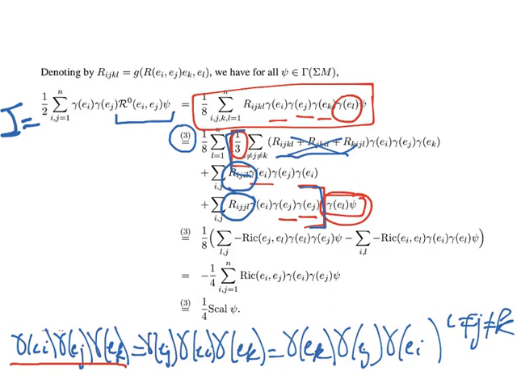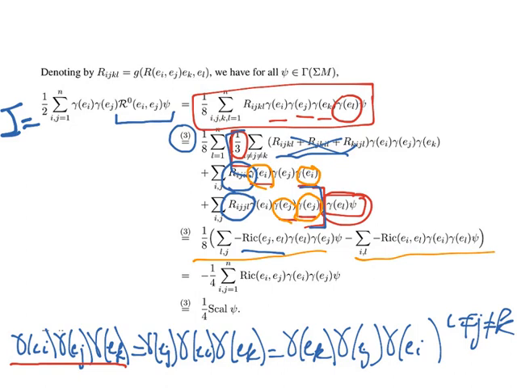So I'm going to replace this summation by minus Ricci(e_j, e_l) gamma e_l gamma e_j, and minus Ricci(e_i, e_l) gamma e_i gamma e_l. I can use that gamma e_j squared is minus 1, and gamma e_i squared is minus 1. After commuting with gamma e_j, it adds another minus, so you get the plus. That's where the Ricci curvature appears, and then you can add both terms to get minus 1 over 4 Ricci(e_i, e_j) gamma e_i gamma e_j.